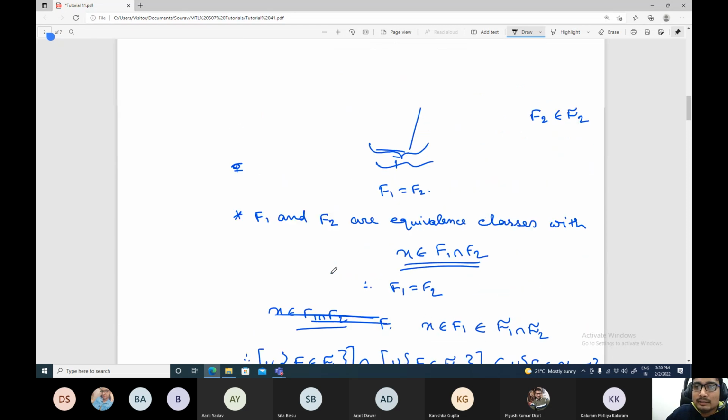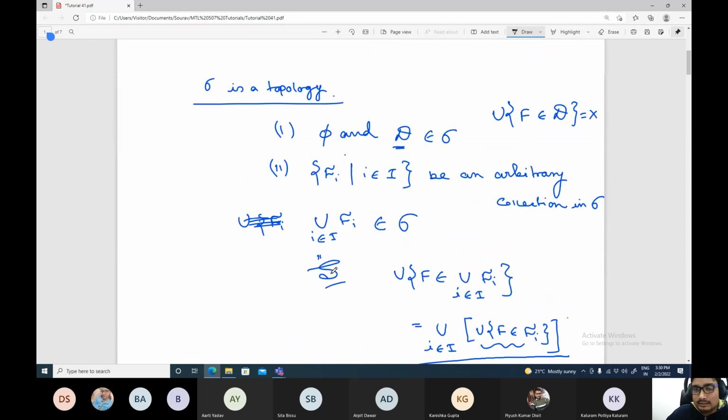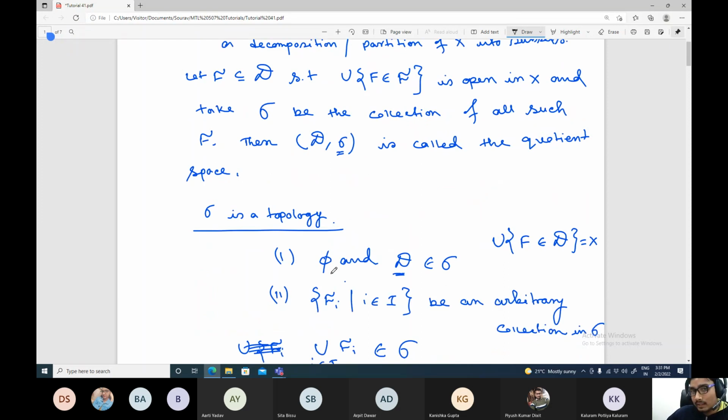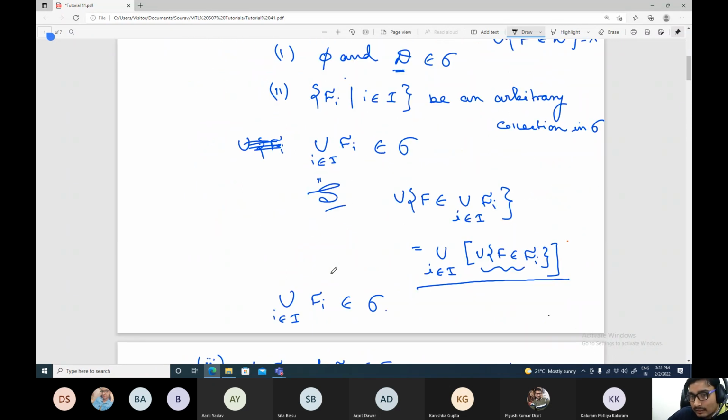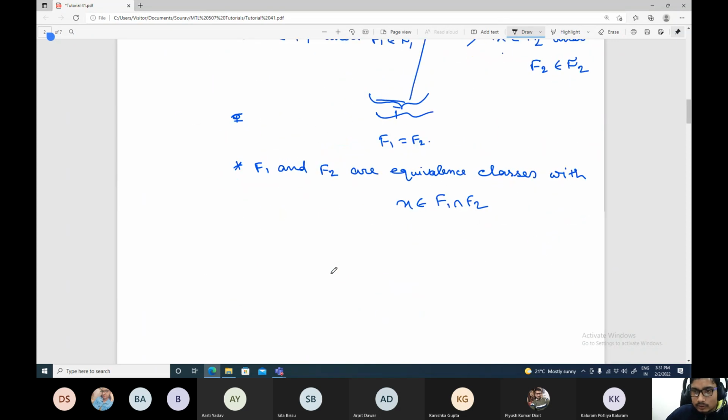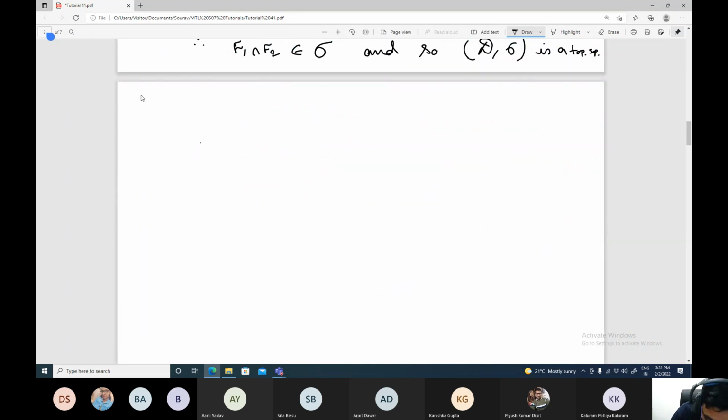Okay. Now let us see an example, to see how beautiful this quotient topology is. We can form spheres, means from a two-dimensional disk to spheres. We can get some interesting topology from given spaces. So let's look at one such example.